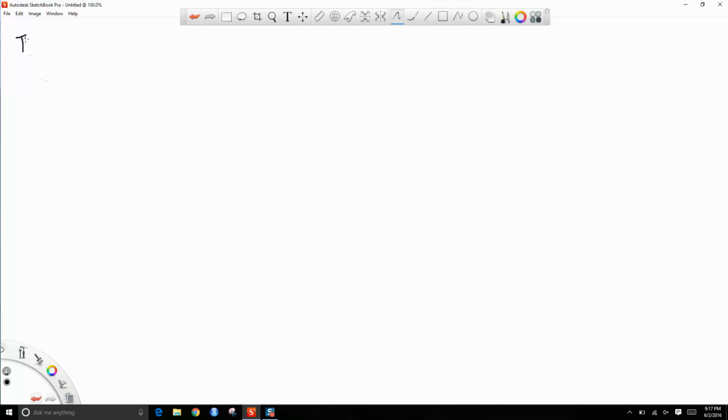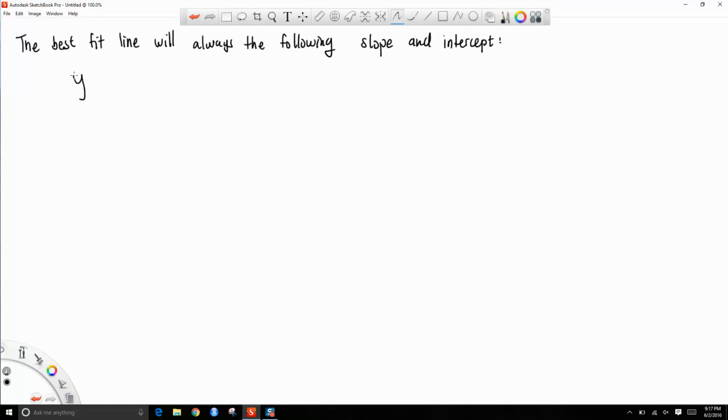So the best fit line will always have the following slope and intercept. We would say the prediction line, y hat, is our prediction for y, and that's why we put a hat over y.